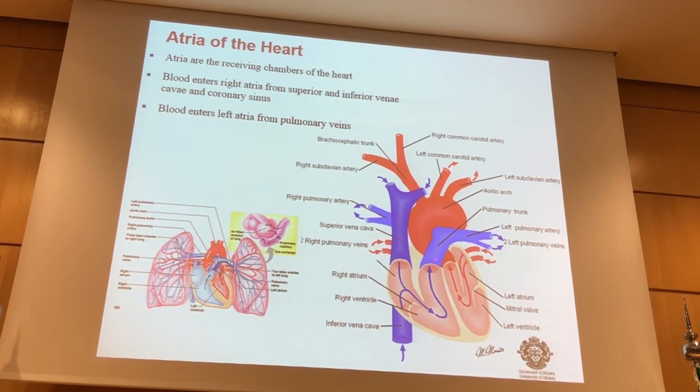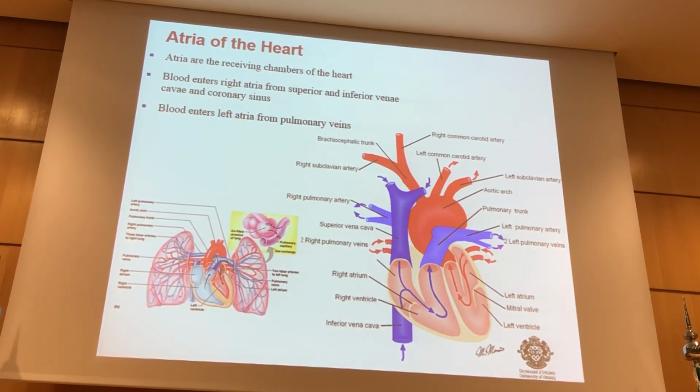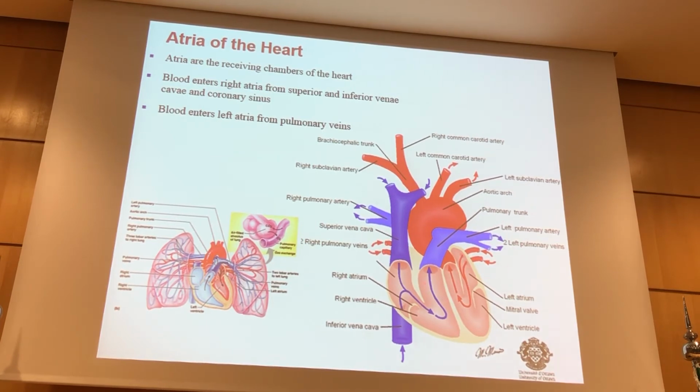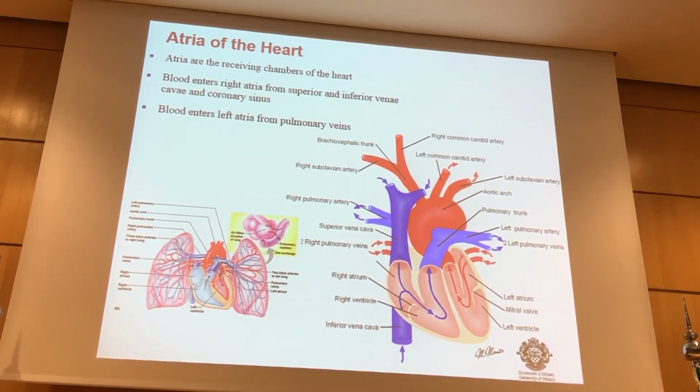From there into pulmonary artery or pulmonary trunk to 2 lungs. Gas exchange occurs in the lung or the lungs, and then 4 pulmonary veins, 2 from each lung, will carry oxygenated blood to the left atrium, and from there to the left ventricle, and from there to the aorta, to the rest of the body.